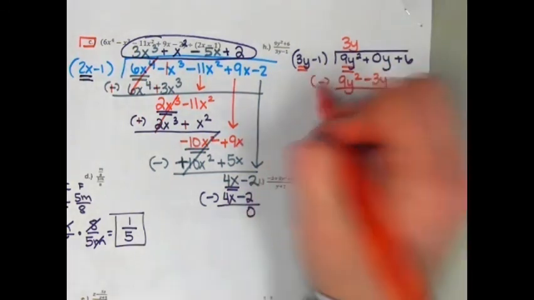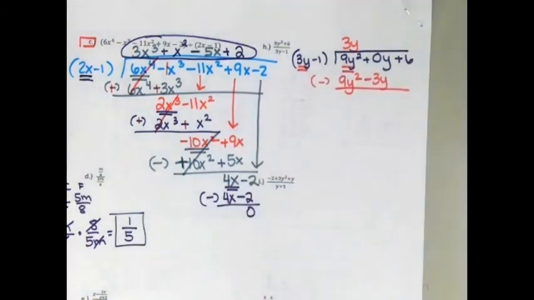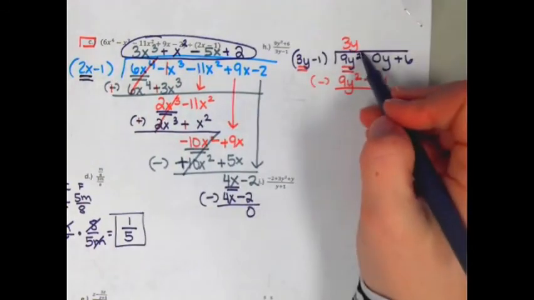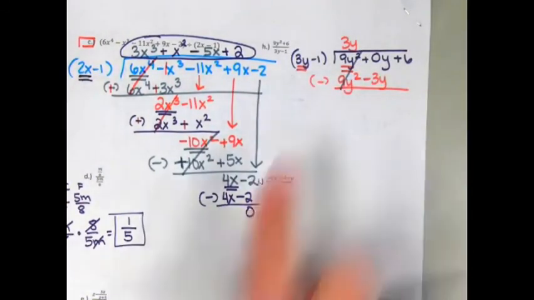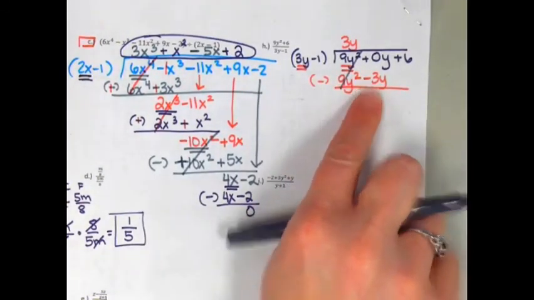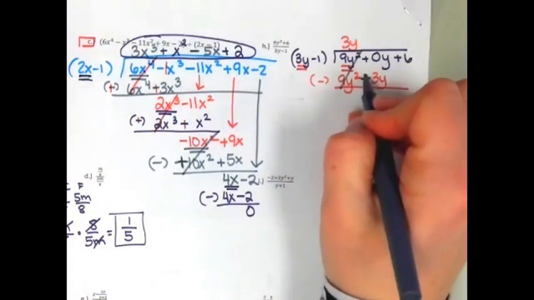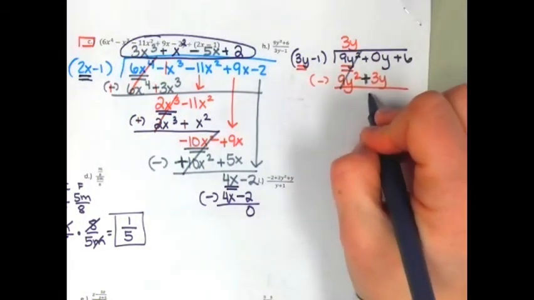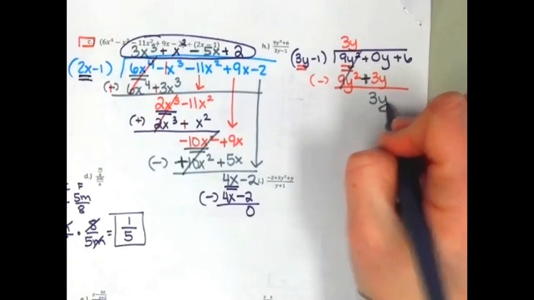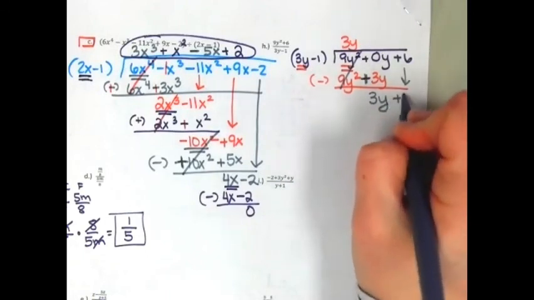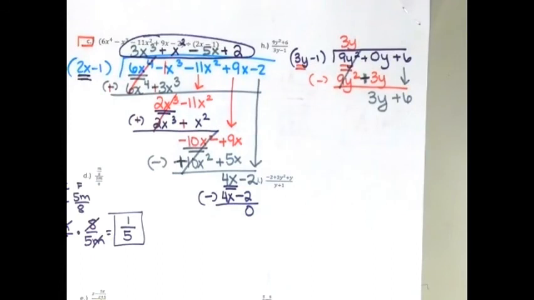Let's subtract. What's 9y squared minus 9y squared? 0. A negative and a negative make a positive. So what's 0 plus 3y? Bring down the plus 6.